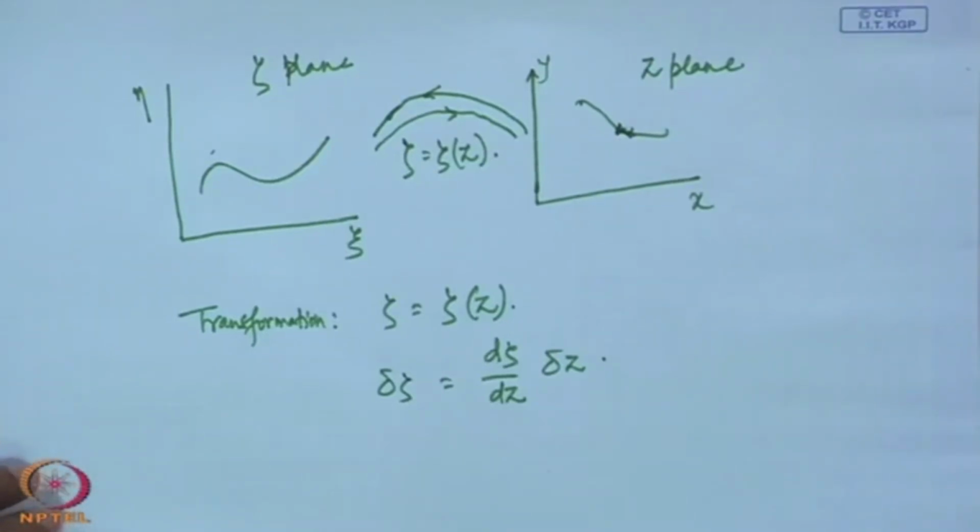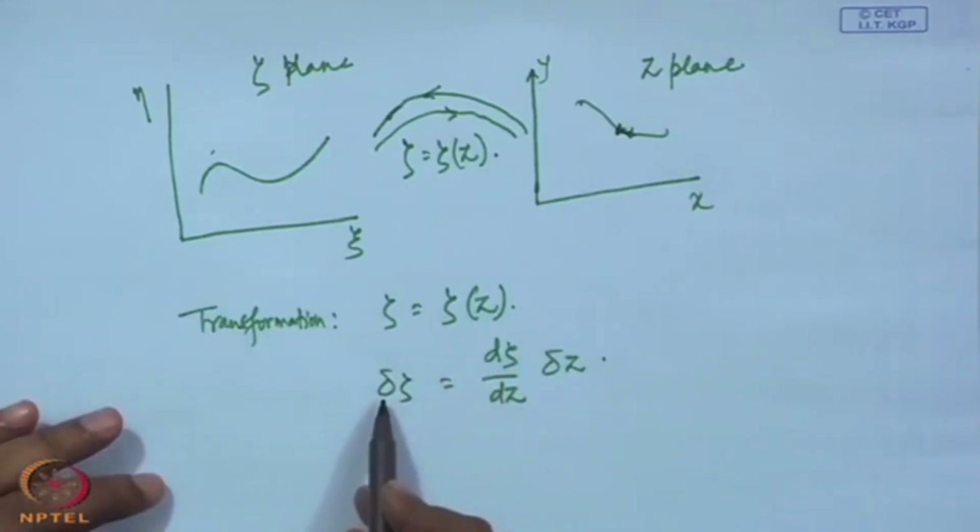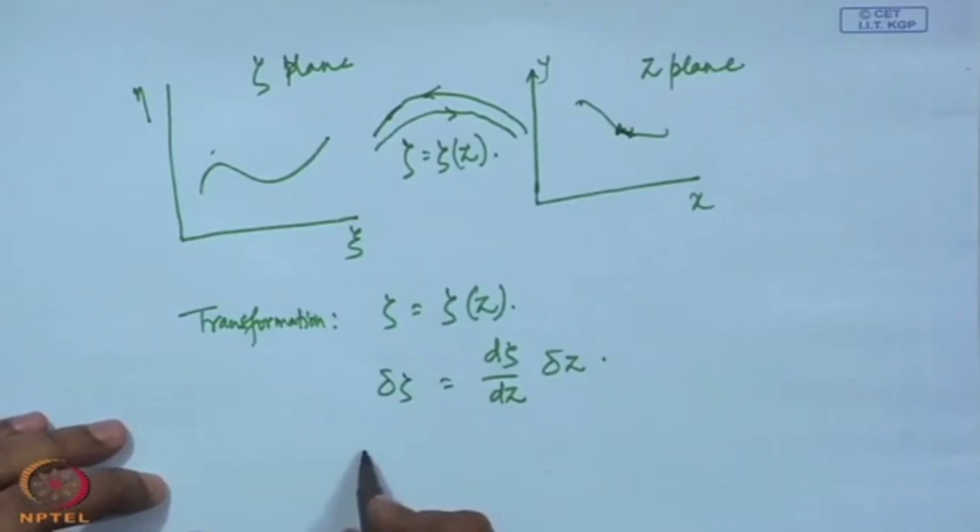Now, how much is the length of this small segment in the zeta plane? Its magnitude is delta zeta, that equals how much?